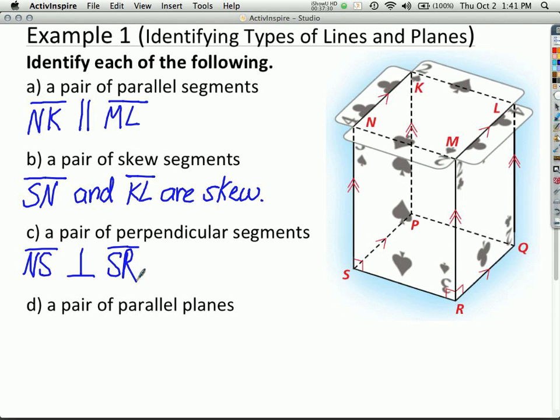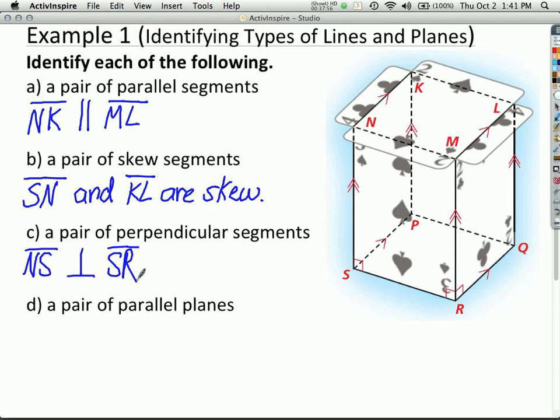All right, in a pair of parallel planes, can you name a plane? Name any plane that you can see. How do you name a plane? Only two people know how to name a plane.